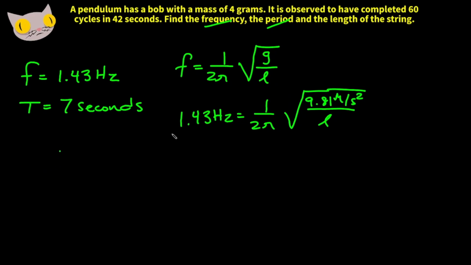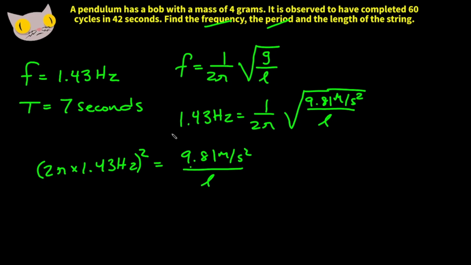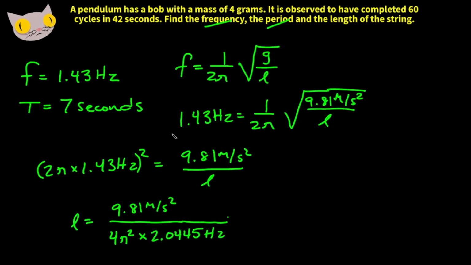So we'll go over here, 2 pi times 1.43 hertz, squared, is equal to 9.81 meters per second squared over L. And now we can solve for L. L is equal to 9.81 meters per second squared over 4 pi squared times 2.0445 hertz.